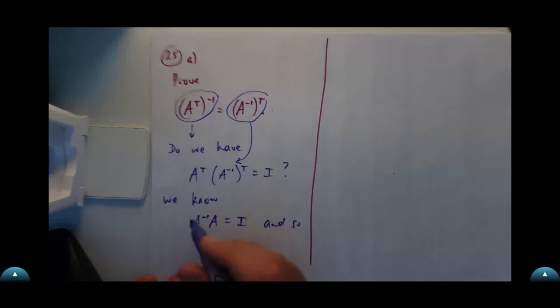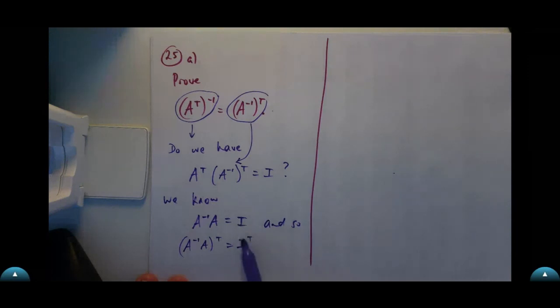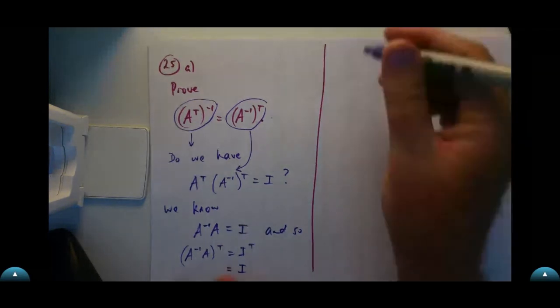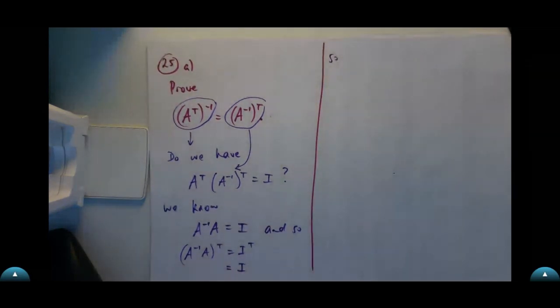So let's take the transpose of both sides here. Now the transpose of the identity is just the identity, and we can distribute this thing in by this product. Okay, so let's do this.